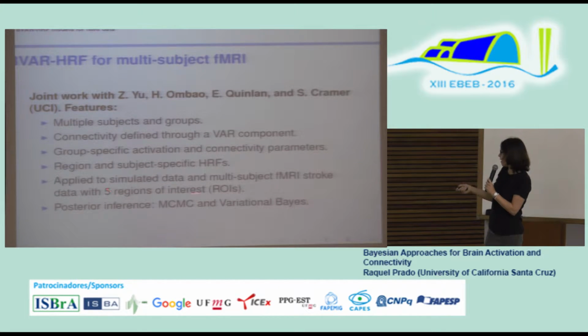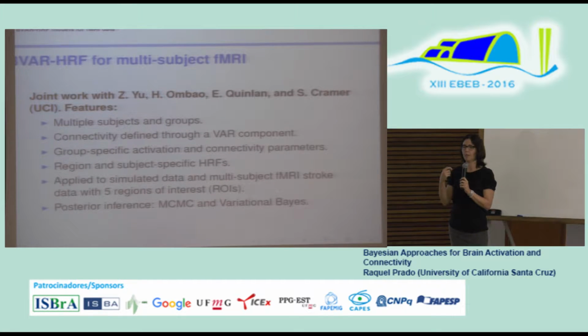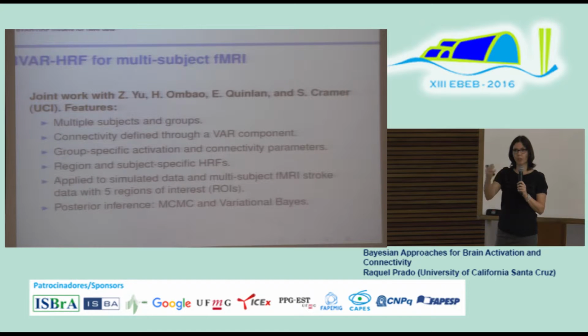We did extensive simulation studies just to see how much the uncertainty about the HRFs affects your inference in terms of the activation and the connectivity as well. And we also looked at the stroke data.